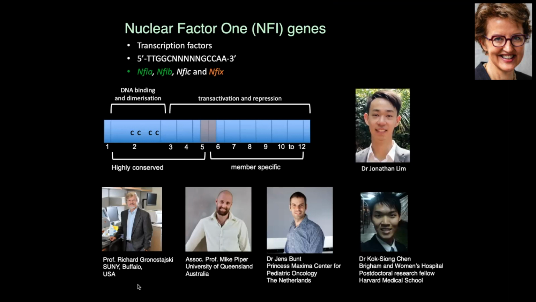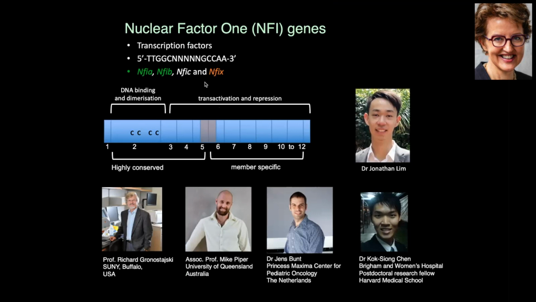We have been collaborating with Professor Richard Gronostajski for 2 decades now on these nuclear factor 1 genes, and former members of my lab who have all gone on to run their own groups or are doing postdoctoral fellowships elsewhere. And I'm continuing this work with Jonathan Lin in my group. So there are 4 family members of the nuclear factor 1 gene family, NF1A, B, C, and X.